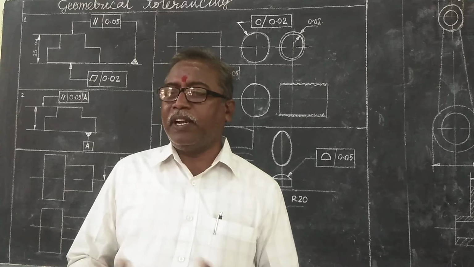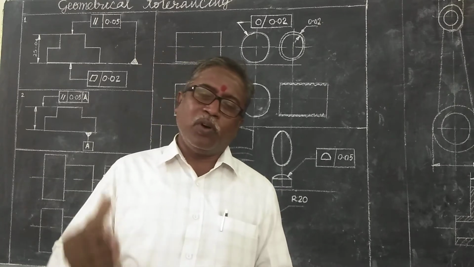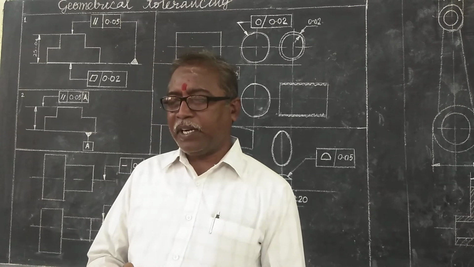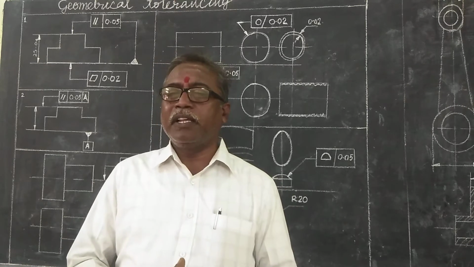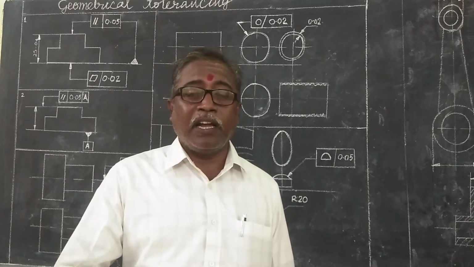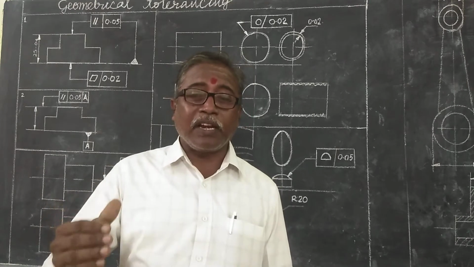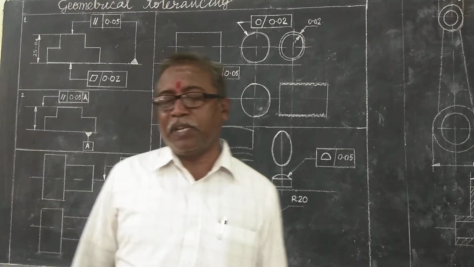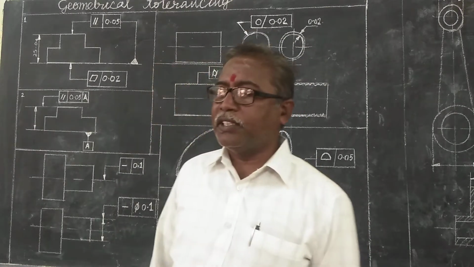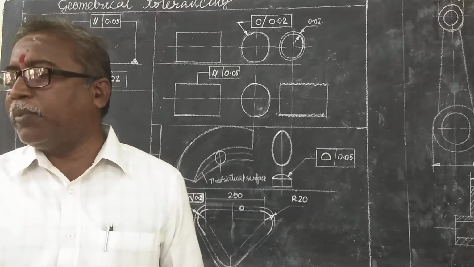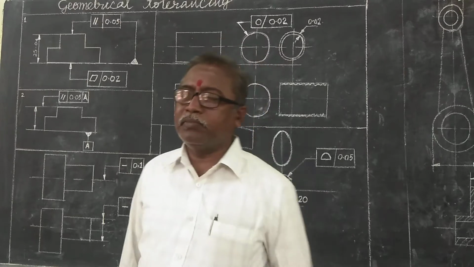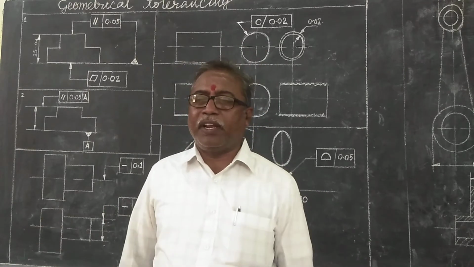So you know very well, there are so many types of tolerances. That means geometrical tolerance symbols are given. Then the variation also will be given depending upon the component where we are using it. Next, how do they give this geometrical tolerance? They consist of a frame.